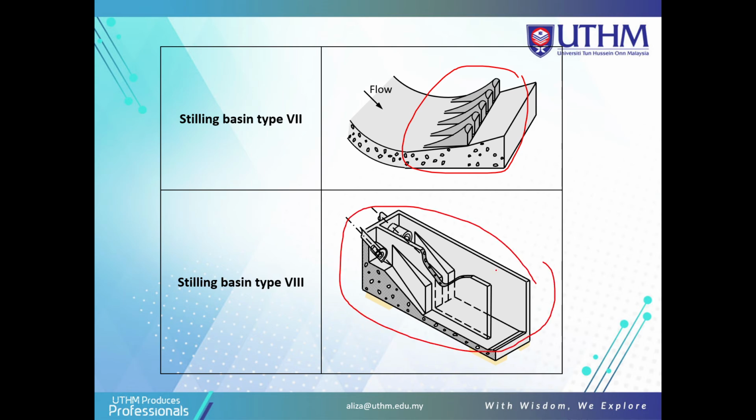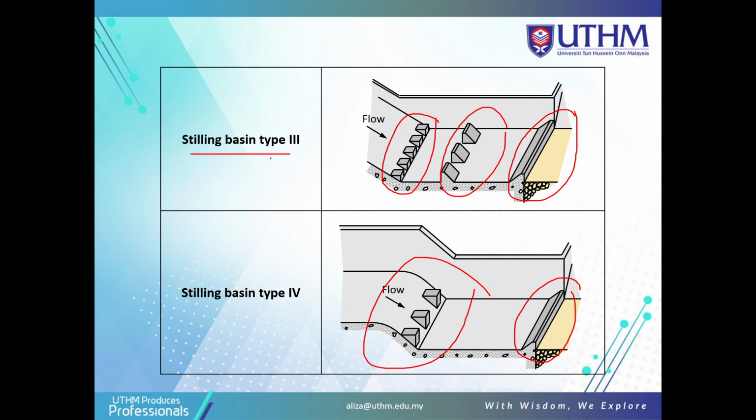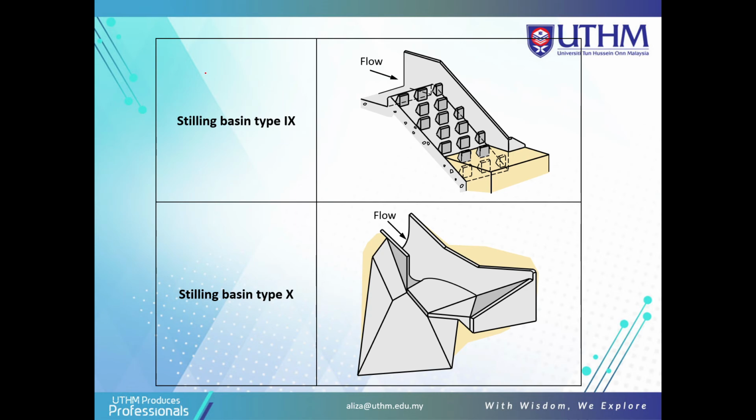In this chapter, we only design the Stilling Basin Type 3. This is Type 9, and the Type 10 here.